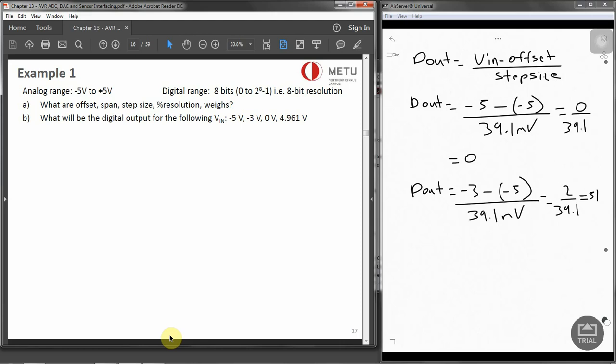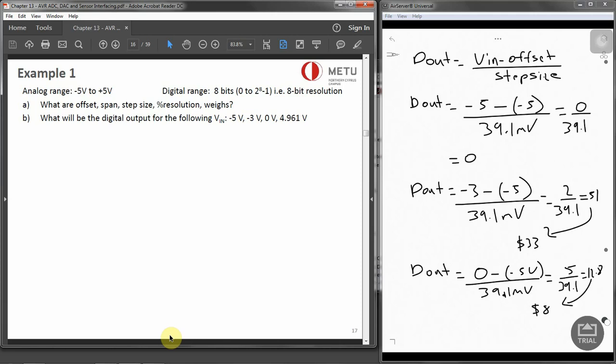And of course we can write this in hex as 33. Then the next one, which is 0, so 0 minus 5 divided by 39.1, which is equivalent to 127.8, and it can be x80 when you want to round it.